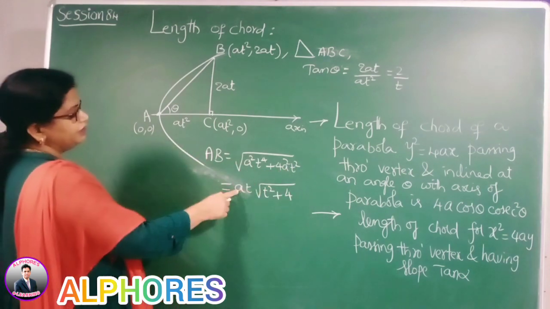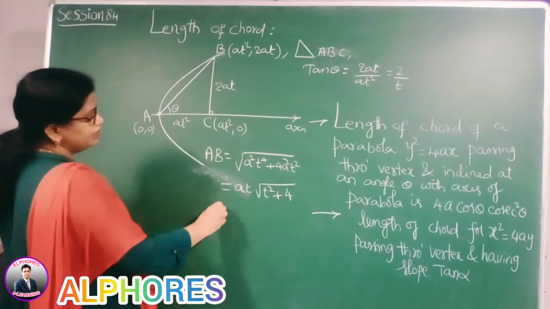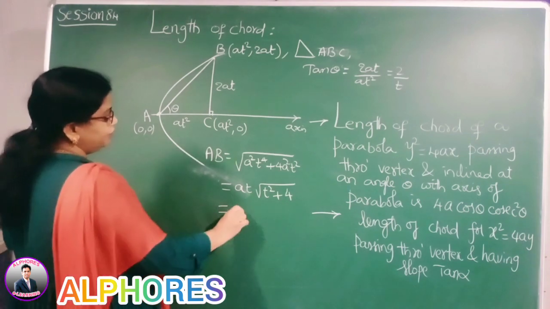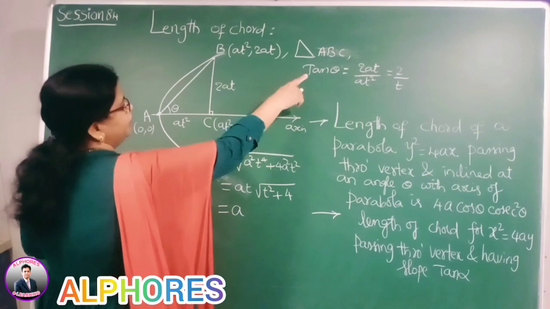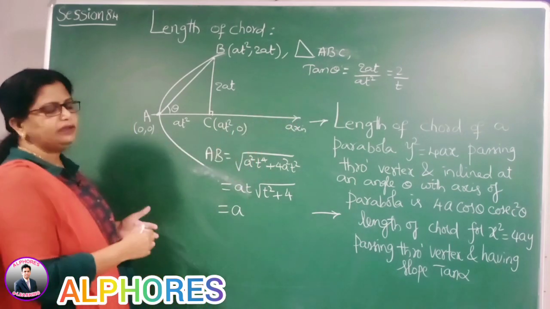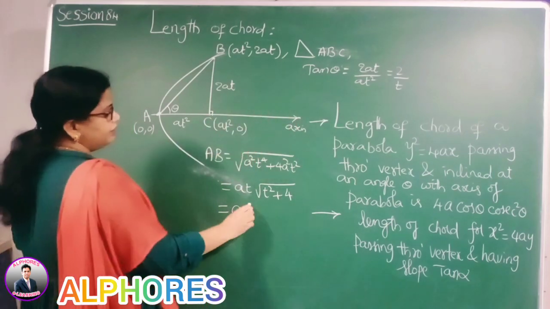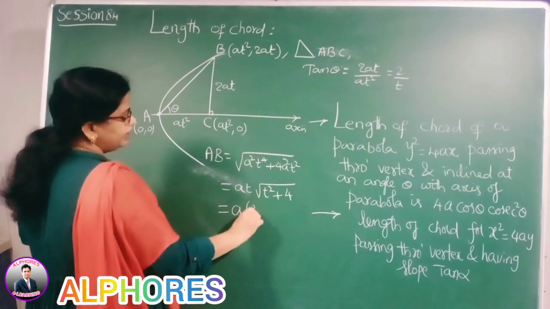As it is a length, I am taking t as positive. Now a into t, how much is the value? It is 2a divided by tan theta.